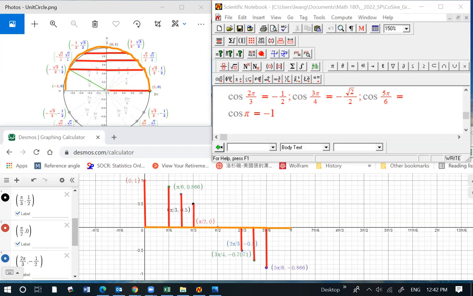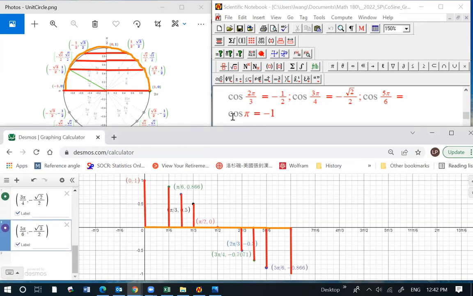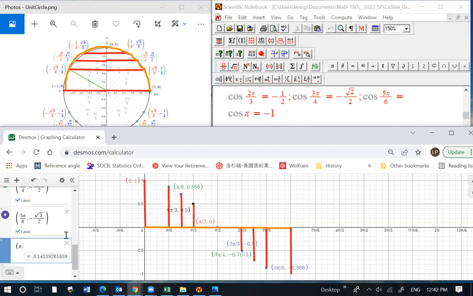The red, this red, which is a cosine value, which matches the -1 here, is going to be right there. And at the top, we're going to mark that point, pi, -1, the point input pi, output -1.